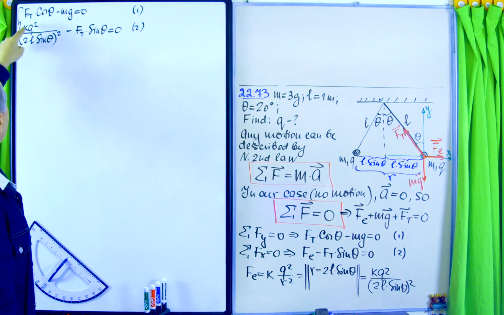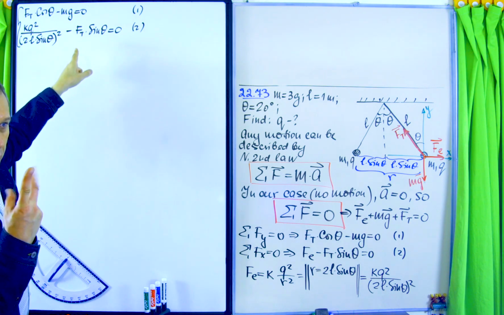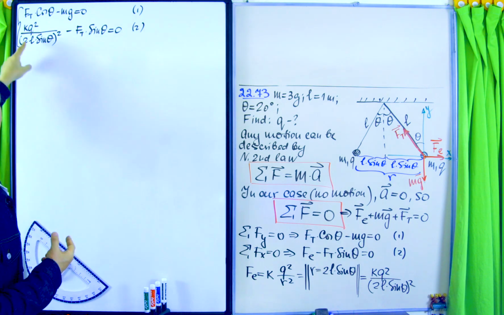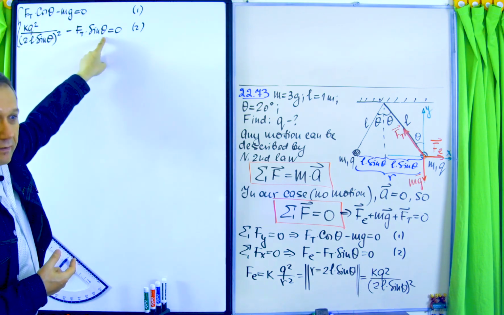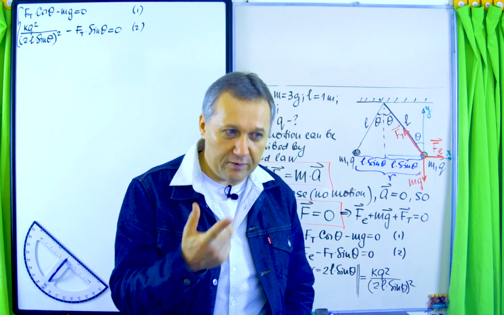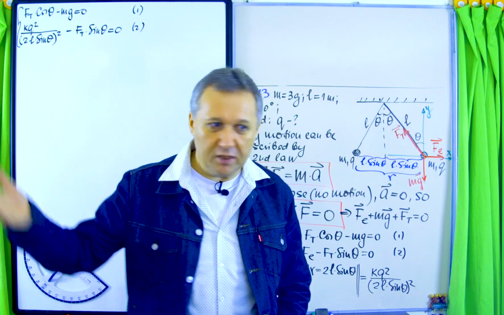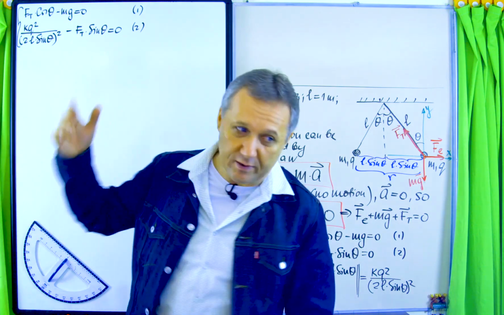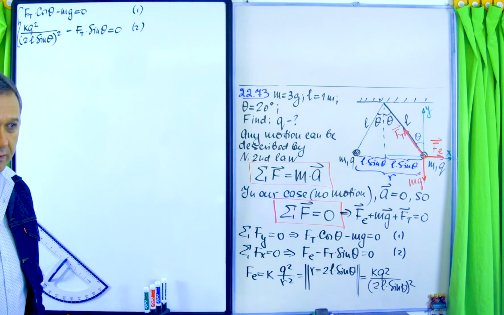Then k is given, but q is the second unknown. So we have two equations and two unknowns, Ft and q. From the mathematical point of view, it's awesome. It means that you can solve this system of two equations for the tension and the charge.